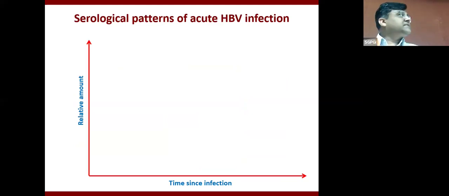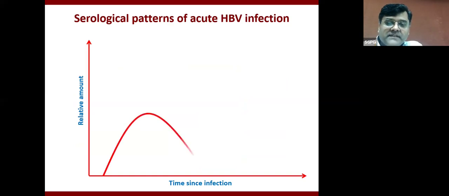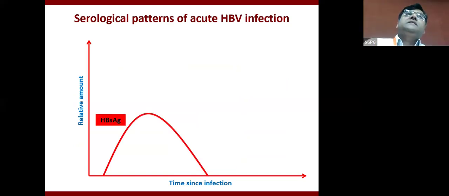So this is the pictorial time frame I have shown of what happens to different serological markers. On the x-axis, you can see how the time changes, and y-axis is the relative amount of different serological markers. Once the infection happens, at the lower left corner, you can see this is the HBsAg.